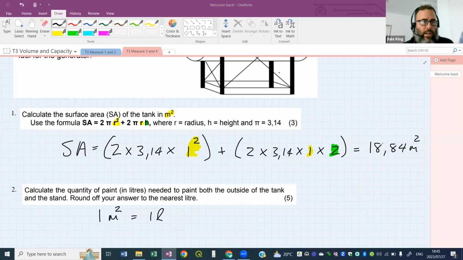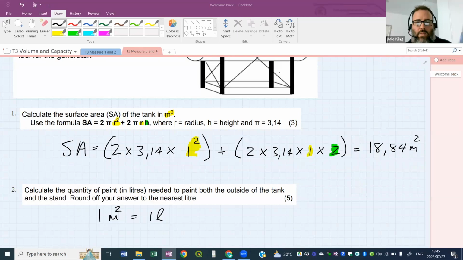All right, so we need to work out the quantity of paint in liters needed to paint both the outside of the tank and the stand. Round off your answer to the nearest liter. Oh, but guys, this is too easy. You don't have information about the stand.